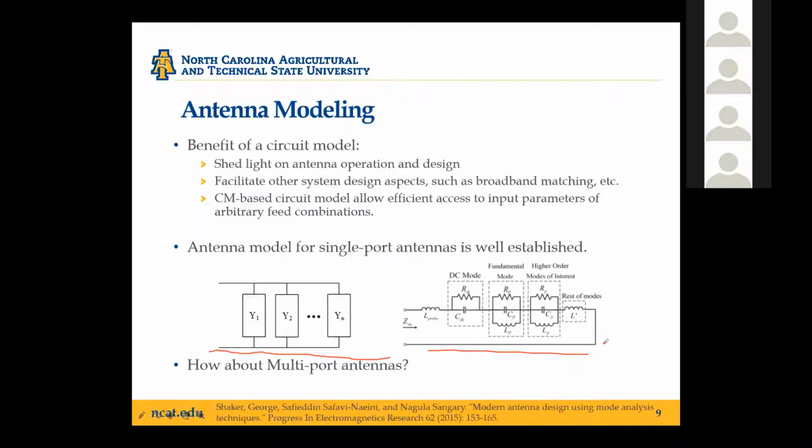But like I said, antenna modeling for single port antennas is kind of straightforward, but it's not so straightforward for multi-port antennas. If you think about a multi-port antenna, for example, a 2x2 antenna, you don't have just one parameter as a function of frequency. You actually have 2 or 3; considering reciprocity, it should be 3.